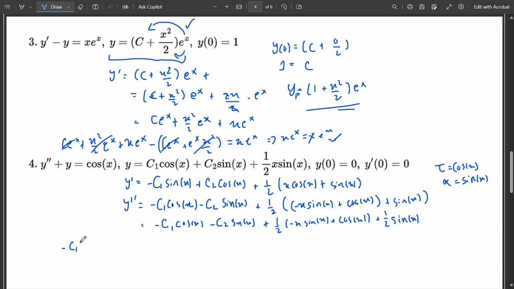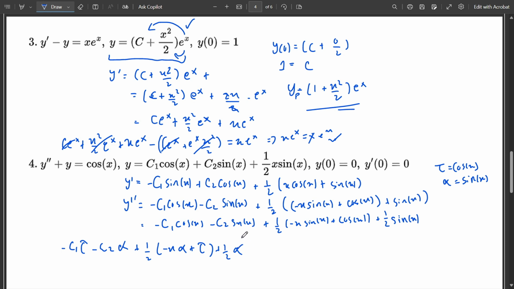So c1 tau... wait, tau minus c2 alpha and plus a half minus x alpha plus tau plus a half alpha.